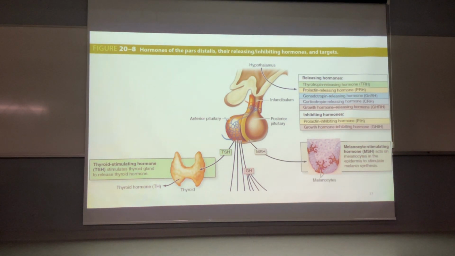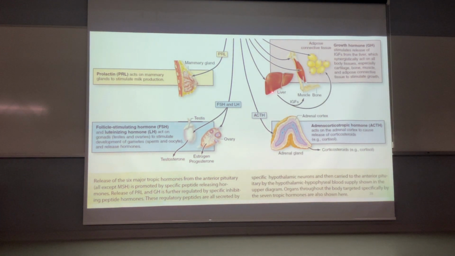And also here you can see growth hormone can affect the liver to produce insulin-like growth factors. And these insulin-like growth factors can affect the muscles and adipose tissue and lead to growth in the epiphysis plate.